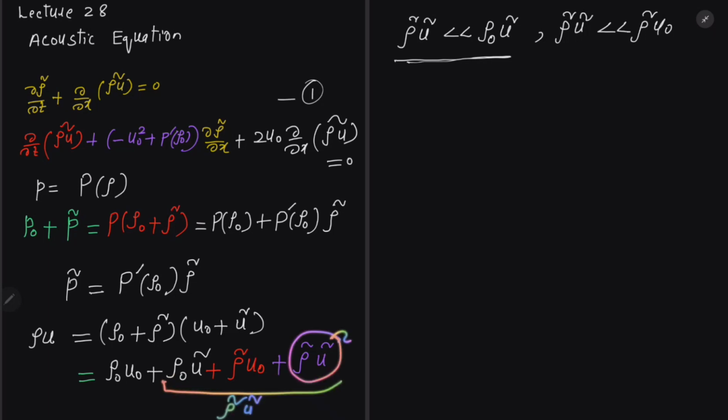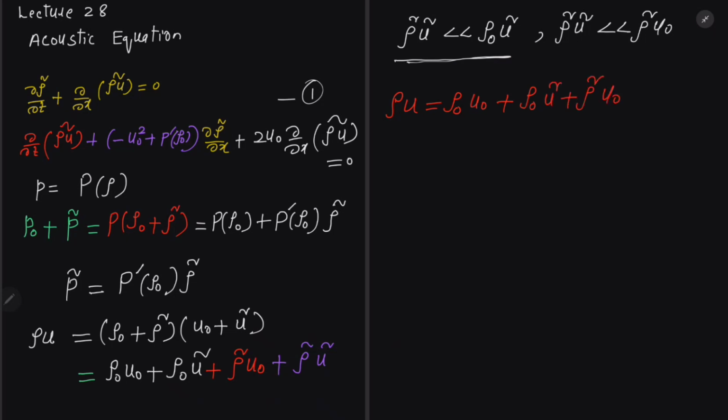so first thing, we know that rho tilde u tilde is required. Not this term, but this whole term should first be approximated by some other expression which has been written over here. So if this quantity is smaller than this one and this quantity, we can write rho u equal to rho naught u naught plus rho naught u tilde, rho tilde u naught.